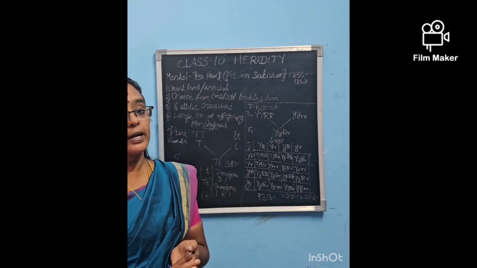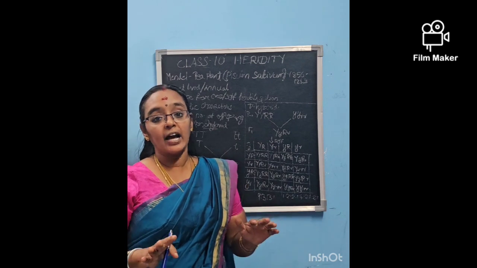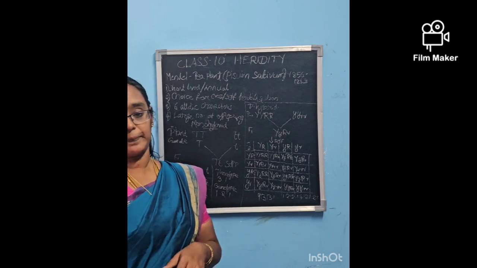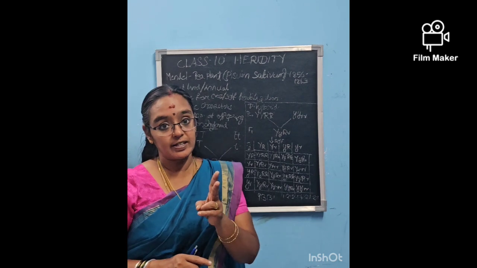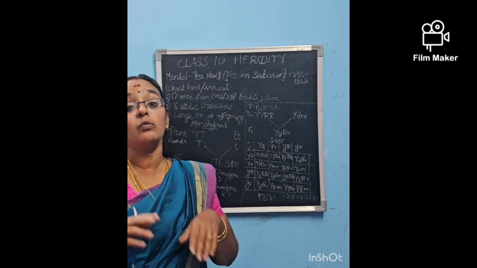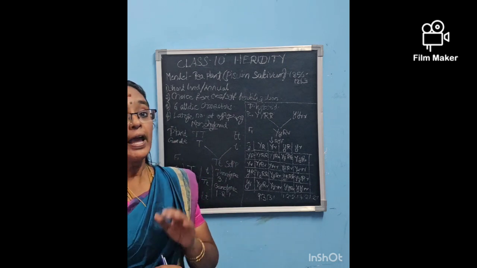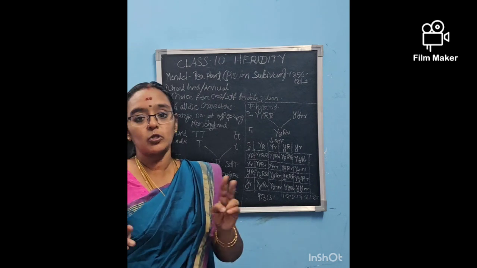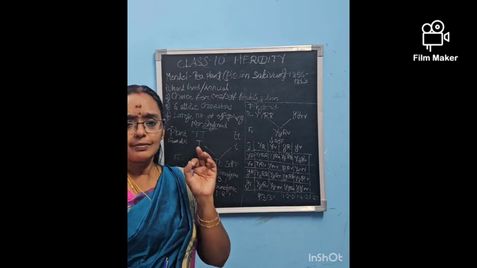Now, he understood many things. He wanted to know much more, so he took a dihybrid cross. That means 2 differences between the parents are there and he crossed them, and he found the result. He took 2 differences between 2 plants, for the seeds.